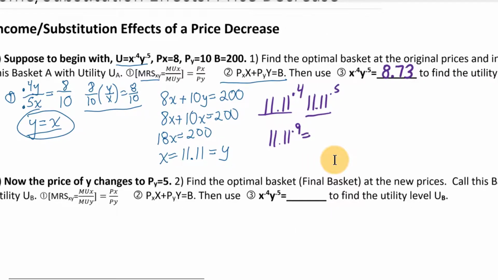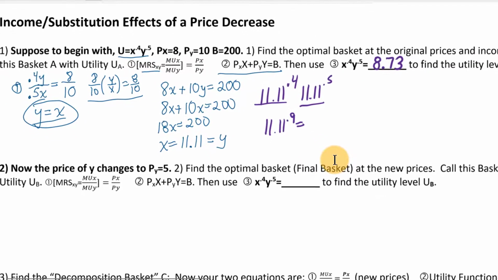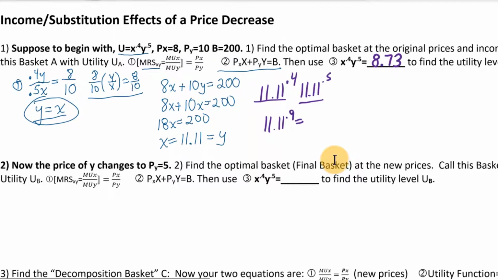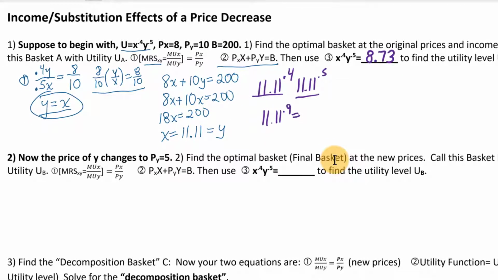Now, if you're familiar with Cobb-Douglas utility problems, when the price of one good changes, the quantity of the other good stays the same. So we could use that fact if we wanted to take a shortcut here. Let's not. Let's do the problem, but we'll see that that's true in the end.